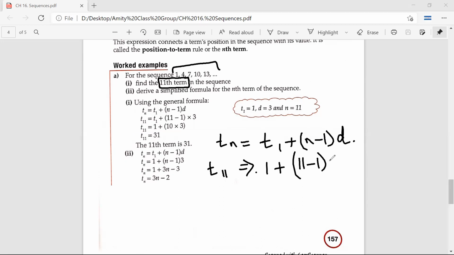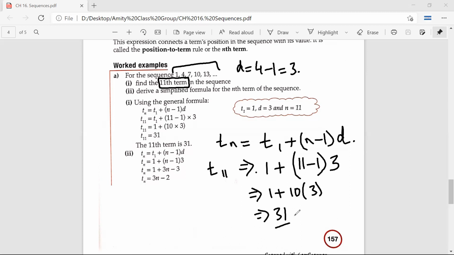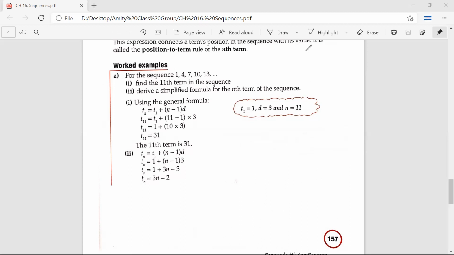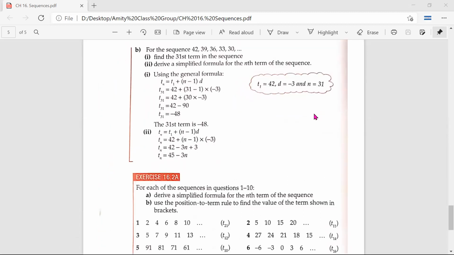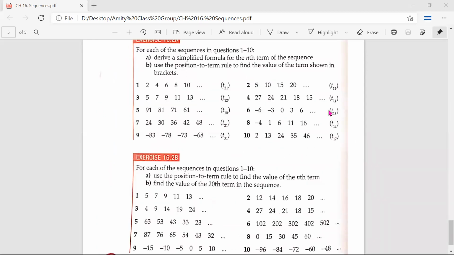Good. So 11 minus 1 in brackets, into D. Any doubt? No, sir. Soumya ji, any doubt? No, sir.